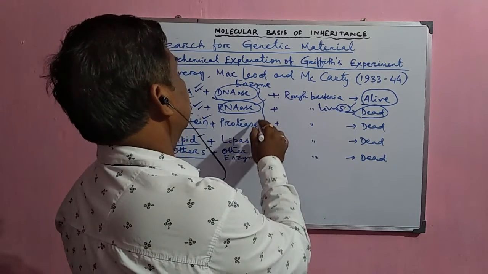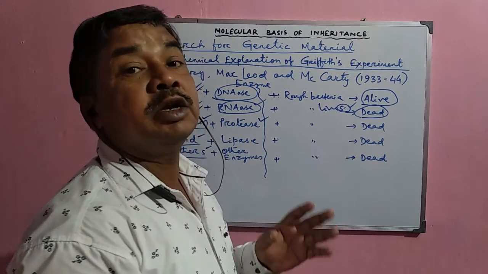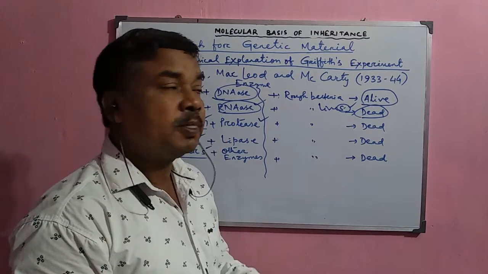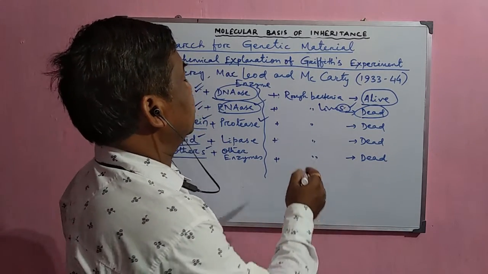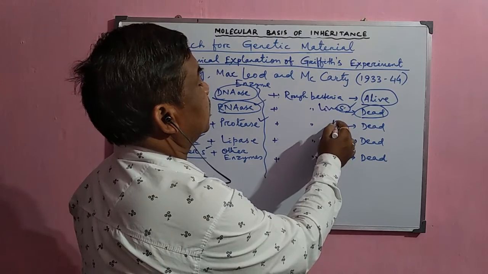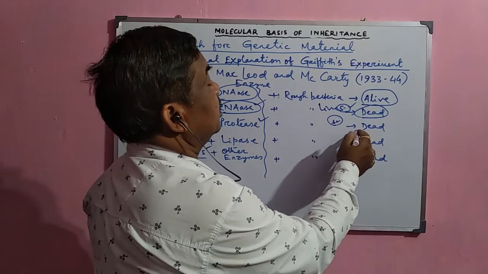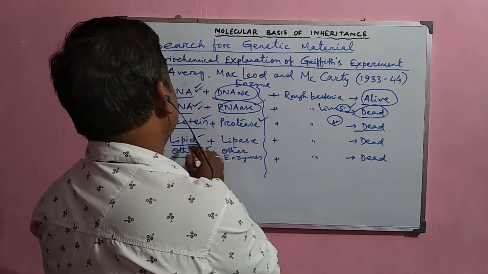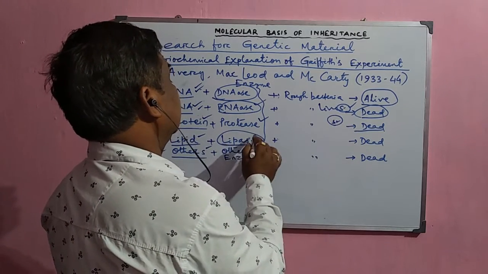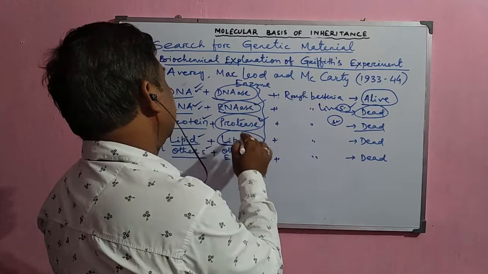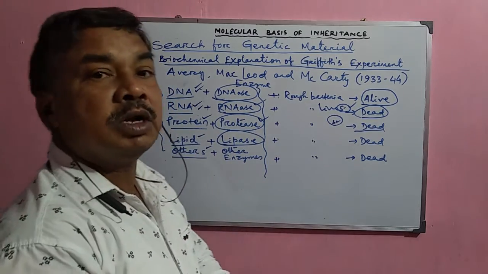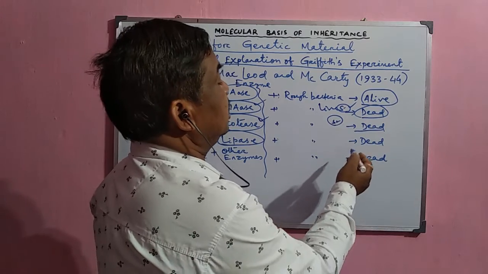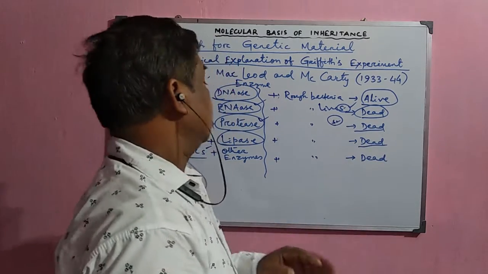Again, they added the protease enzyme, which digests the protein molecules present in the medium, and the smooth variety of bacteria was also observed there and the mice died. Again, they added lipase, another enzyme which digests the lipid molecule, and they found the same smooth variety and the mice were dead.